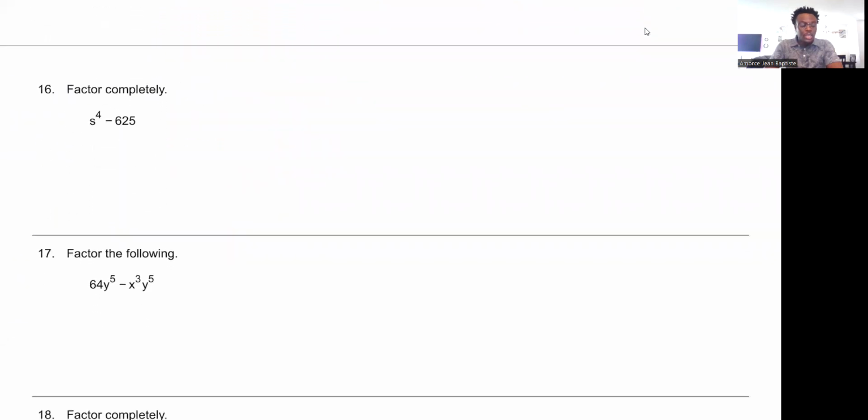And we can even use it if we have a difference of terms in fourth power. We want to identify this because sometimes we can raise a power to a power, and when we have that, we can also use difference of squares.